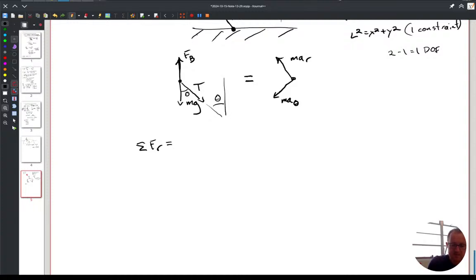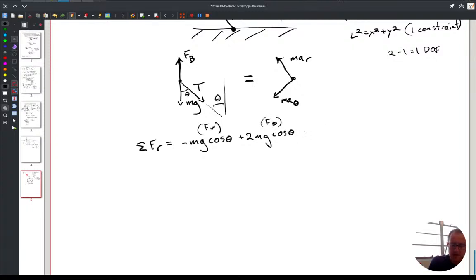So this is also my angle theta. So I've got a negative mg cosine theta, and then, is that right? Yeah, and then a positive 2 mg cosine theta. This is my mg term, and this is my fb term.